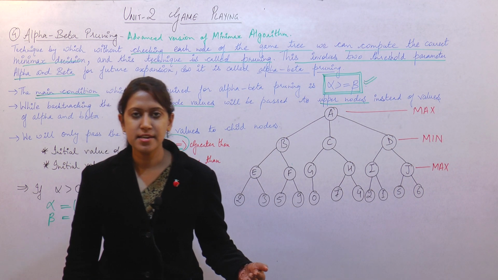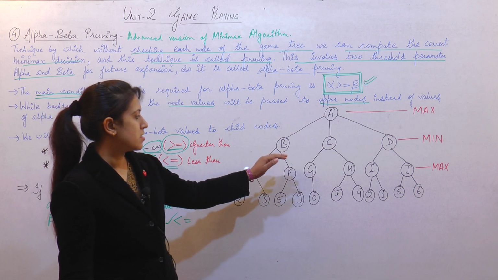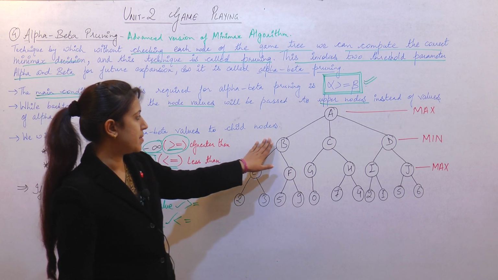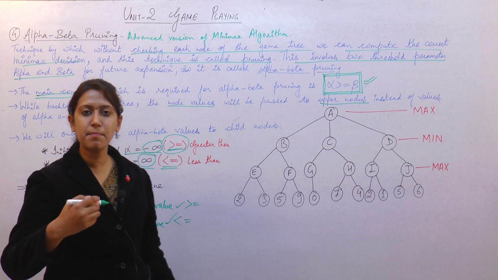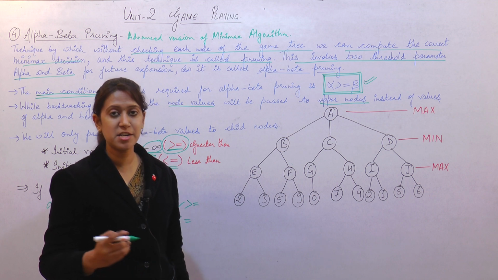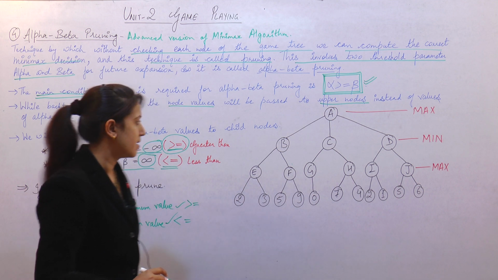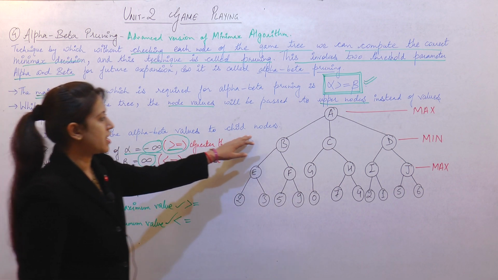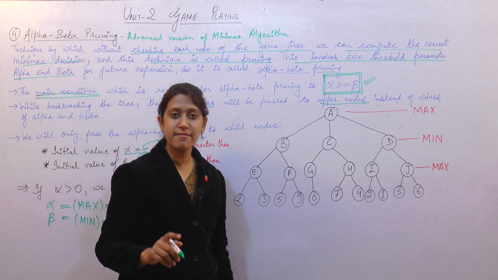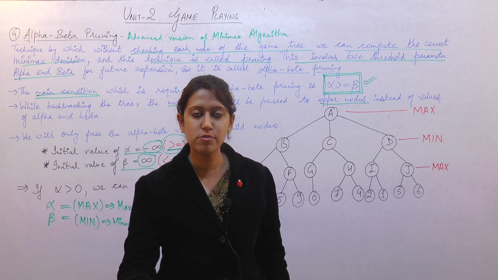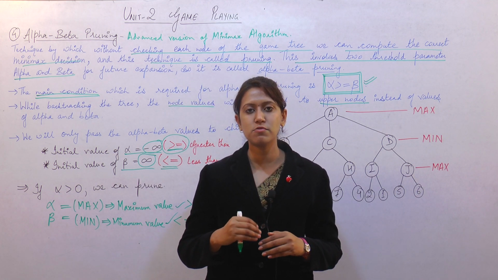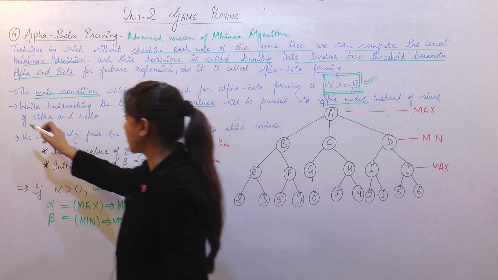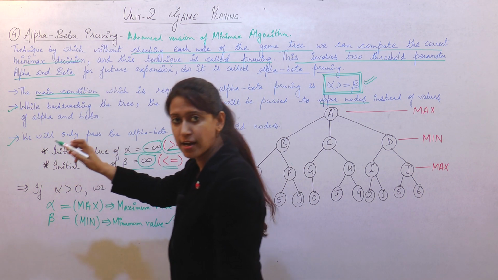That means the values at nodes E, B, A can be passed to the upper nodes, but not the values of alpha and beta. Similarly, we will only pass the alpha beta values to child nodes. So always remember these 2 points while solving the game tree.